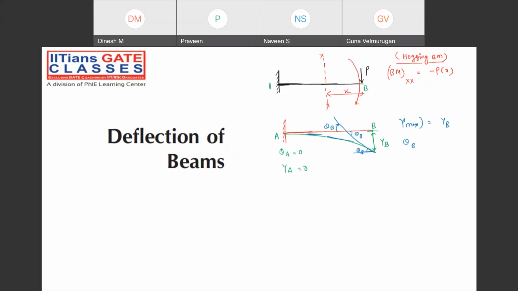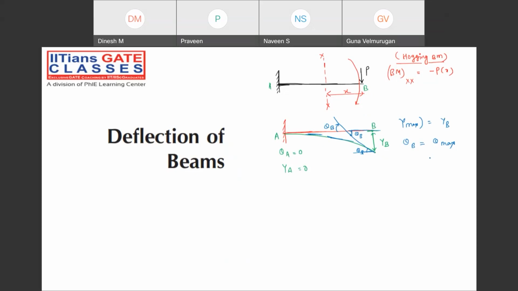This will be the conditions. With respect to the positive x-axis, I am measuring the angle theta B in the clockwise direction. Whether clockwise rotation is to be considered positive or negative will depend on the sign convention of the deflection.